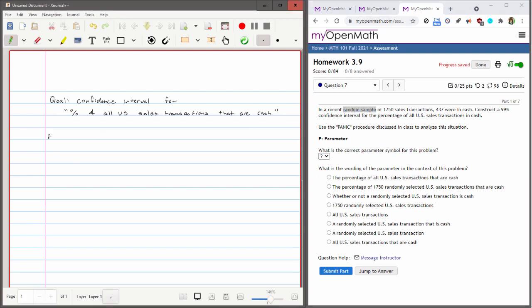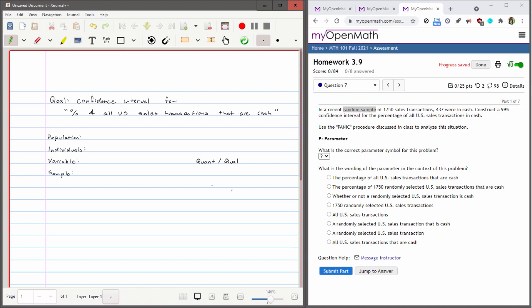We need to think about what is the population, what are the individuals, what is the variable, that is, what piece of information have we gotten about each individual, what is the sample, and is the variable quantitative or qualitative.